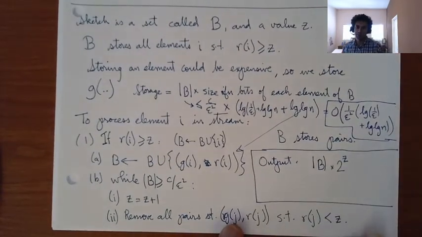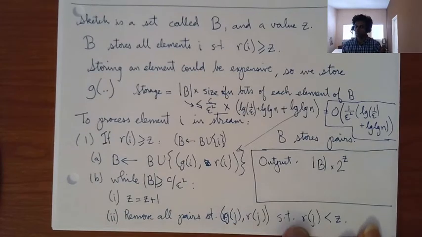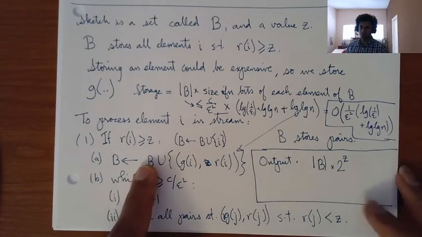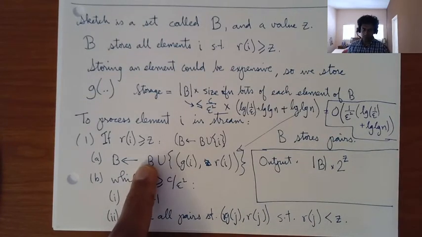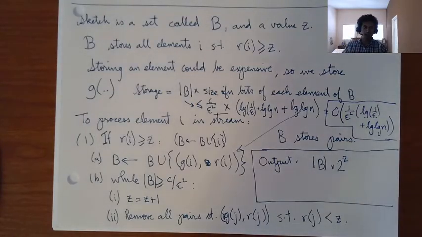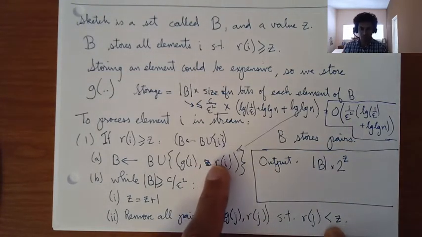You might be a little worried about this part, that how do you remove these? If you're worried about that, you could imagine storing the set not as a hash table, but as, let's say, a balanced binary search tree with Ri as the key. Actually, no. Let's keep it even simpler.